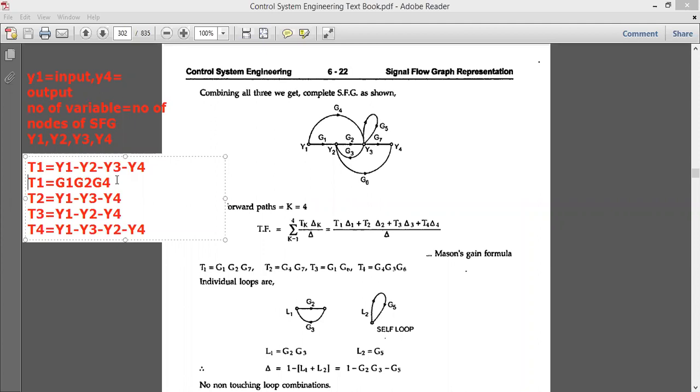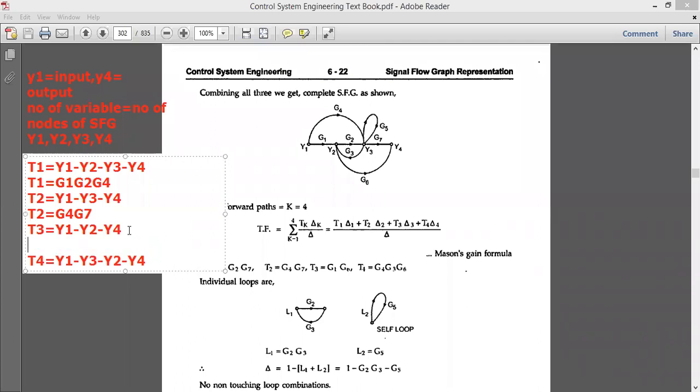Now once you obtain the value of T1, similarly you can do it for T2. So what is T2? Between Y1 and Y3 we have G4. Between Y3 and Y4 we have G7. So I got the second value of forward path. After this, go for T3. What is T3? Between Y1 and Y2 we have G1.